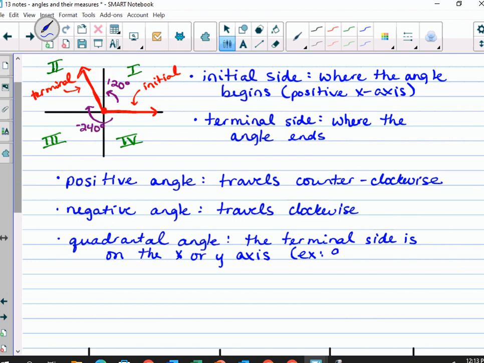So for example, 90 degrees, that is a quadrantal angle. Like it doesn't end up in a quadrant, it ends up on an axis. Okay, does that make sense?